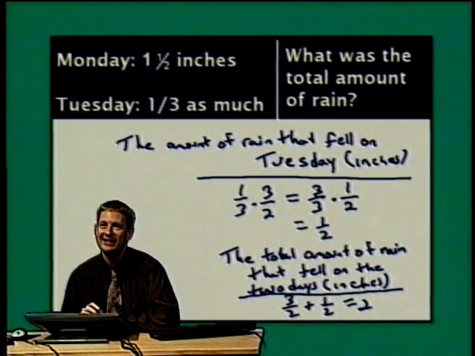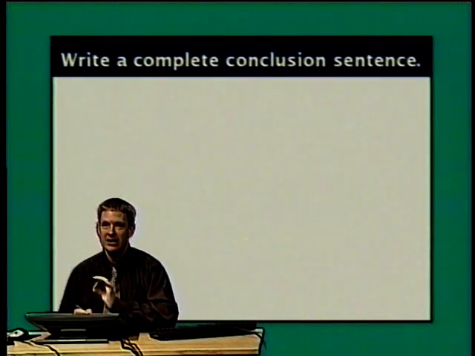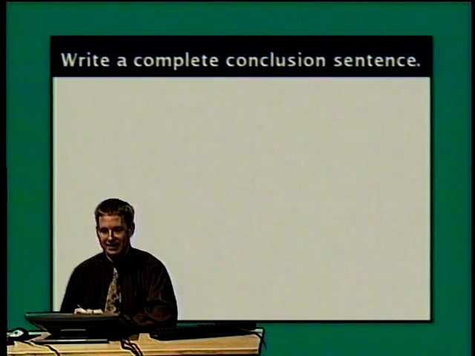Now it's real tempting to think we're done with the problem, but we're not. We still need to write a complete conclusion sentence. When we begin our sentence, we want to begin it with a very explicit description of what it is we were asked to find.